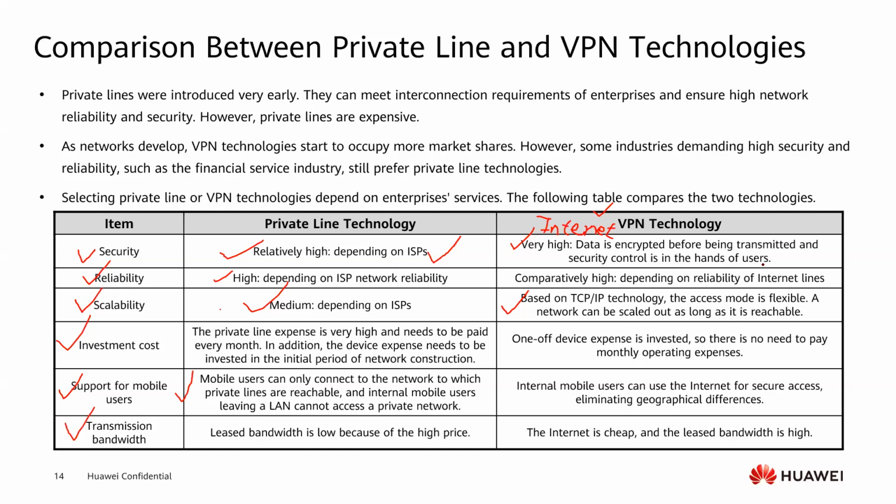And for transmission bandwidth at the same price, the private line's bandwidth is of course much lower compared to the internet. So which technology a customer should choose to create the WAN interconnection depends on their services: whether they want high security, high reliability, or maybe they just want to lower the cost of the network. It depends on the requirement.